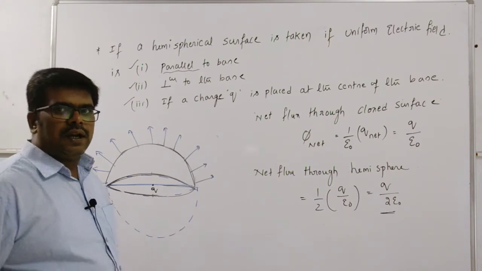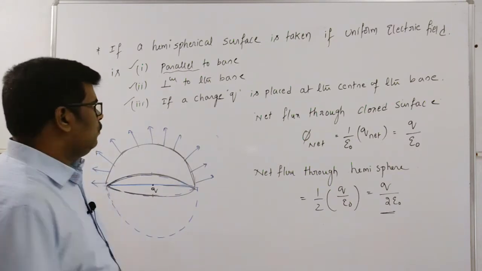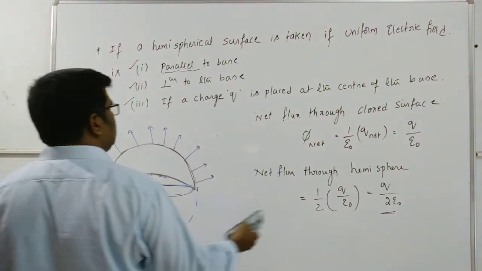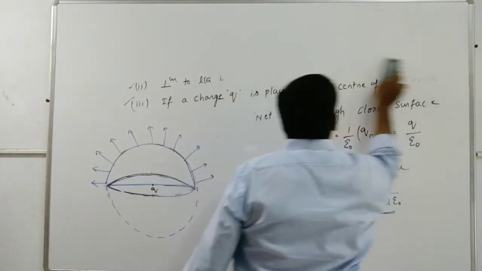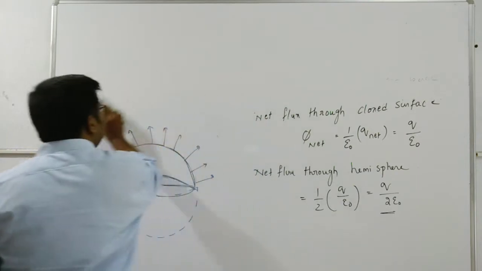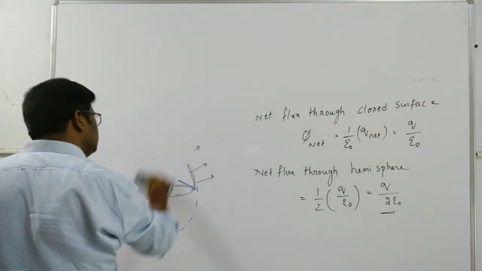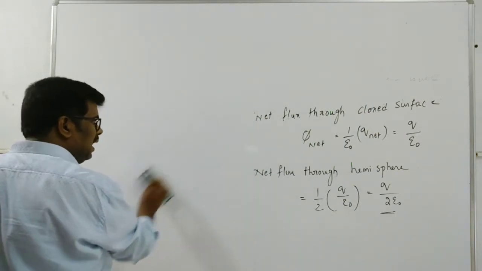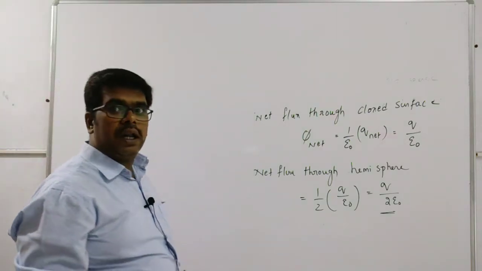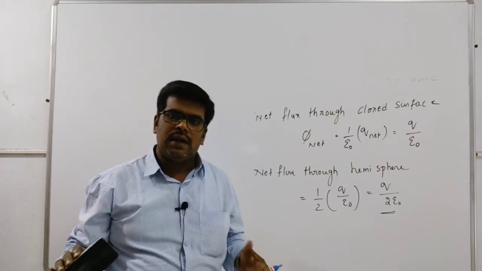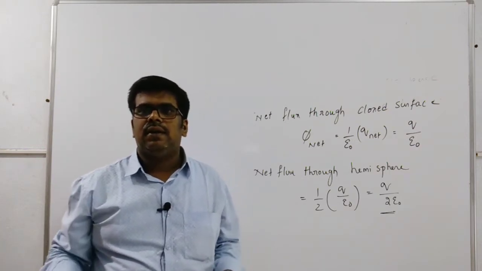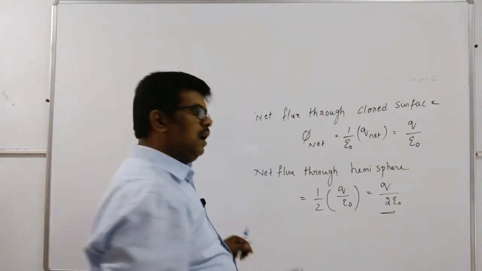So based on this you can understand one point. If a charge is located inside a closed body, whatever the shape of the body that encloses the charge, the total flux remains the same, that is 1 by epsilon naught times the net charge.